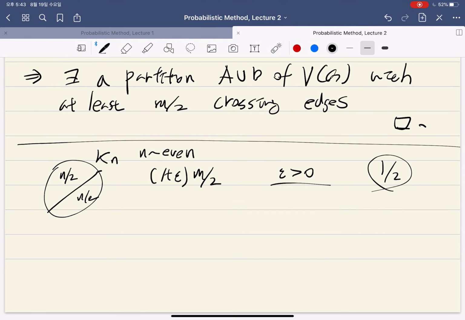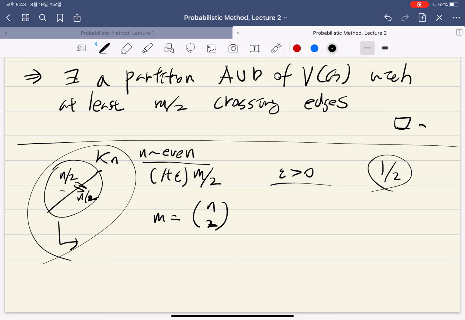But if you consider this complete graph and compute it in a more exact manner, the number of edges is n choose 2. We are assuming n is even. The number of edges between the two parts is n squared over 4.